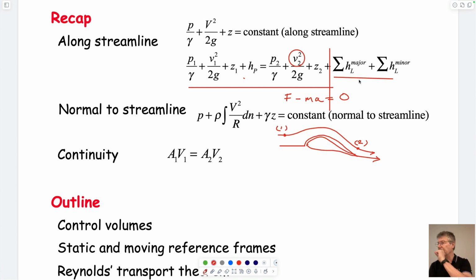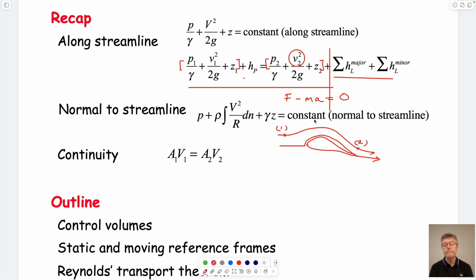When you blow down a pipe, the pipe gets warm because of the energy dissipated by friction on the walls with the air going past it. That's what these losses are, which we'll talk about with pipe flow. And this is the energy that we'd put in the system. So far we've only talked about this and this, and that's all we need for now. But it does equal Newton's second law, and it is equal to 0 if the losses are there.